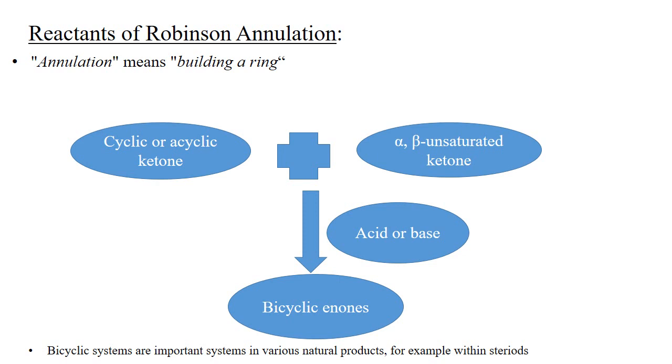It means the product is a bicyclic enone. If both of the reactants consist of a ring system, then their Robinson annulation product will consist of three rings. It means a polycyclic ring system. So in short, we can say when a ketone reacts with alpha beta unsaturated ketone, the product must consist of a cyclic system during the Robinson annulation reaction.